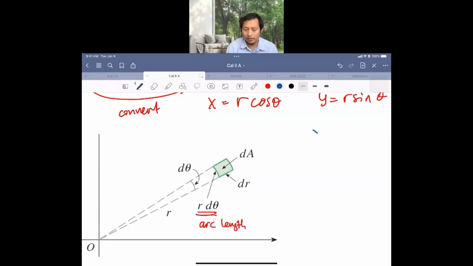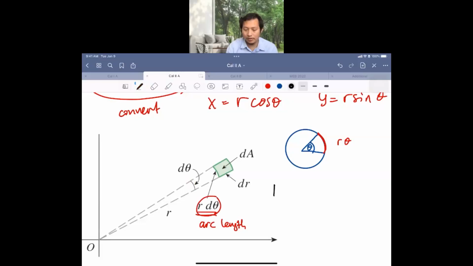Like in the circle, we know that this is our angle, right? We want to know the length of this. The length is precisely r theta. So if we have d theta as our angle here, then the arc length will be r d theta.